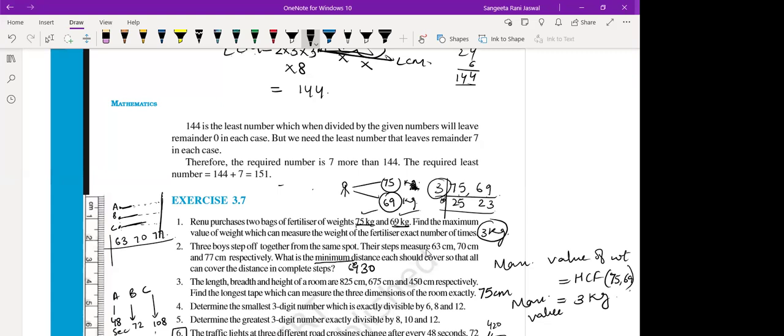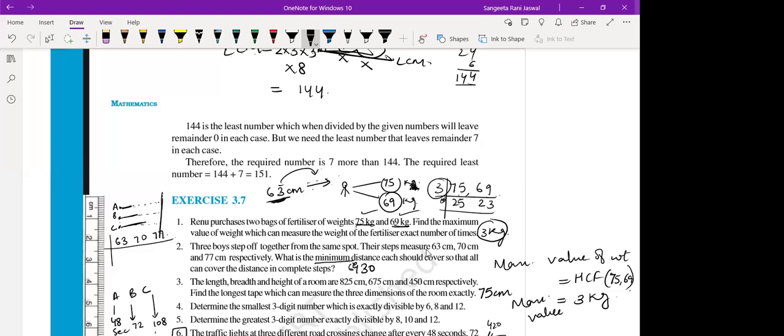Try to understand the question also, right? So it's asking how much is the minimum distance that they will cover in complete steps. So in complete steps means the one who has a step length of 63 centimeters, he will cover this distance in complete exact number of steps, okay? In complete steps. So that means that is some multiple of 63.